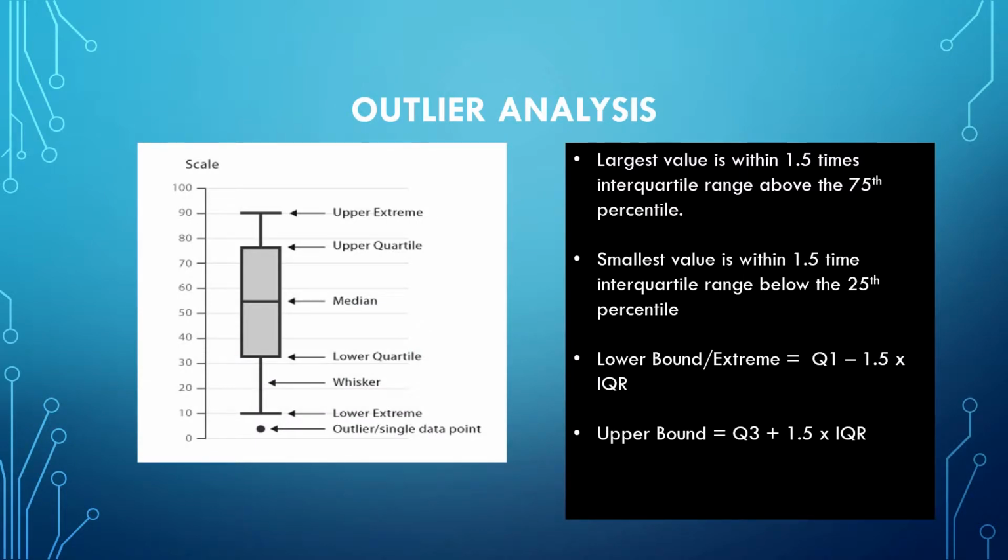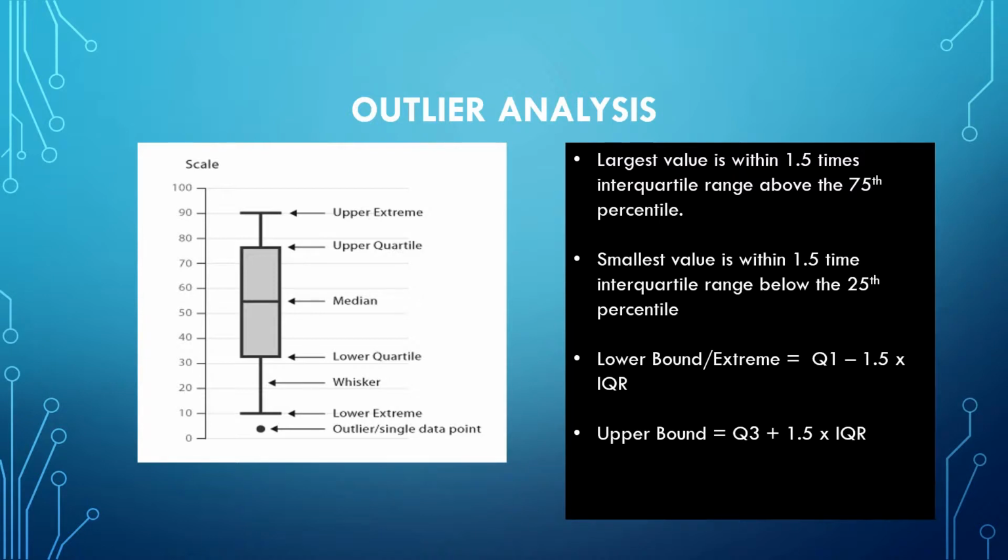This box plot in this slide tells you how to figure out the outliers. How do we figure out the lower bound and the upper bound? There has to be a threshold beyond which we'll classify an observation as an outlier. The mathematical formula for the lower bound is Q1 minus 1.5 times the interquartile range, and the interquartile range is Q3 minus Q1.